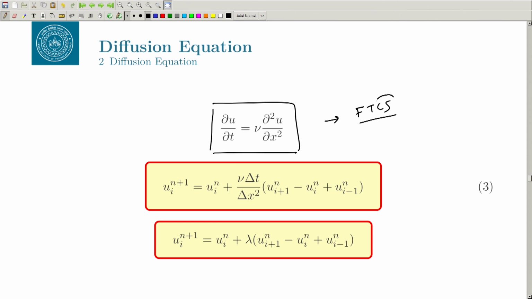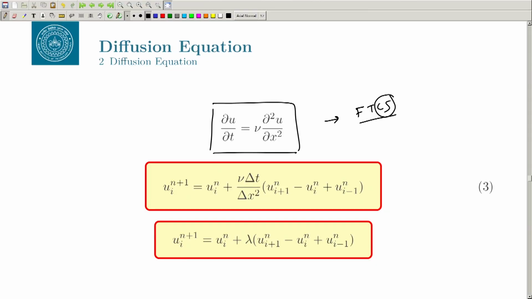Why are we able to use FTCS here, but not in the case of convection? The reason, from your experience, is: what is the role of diffusion? It basically diffuses, it basically dissipates. It has no directionality; it does not have a wave traveling or propagating in a certain direction. So, if you have something like this, with time, with diffusion, it will start dissipating like this and then it will become like this.